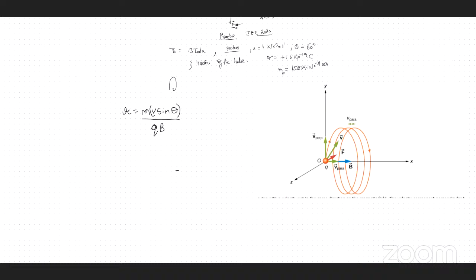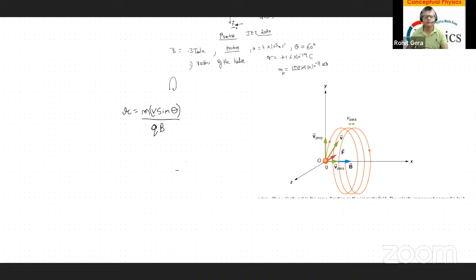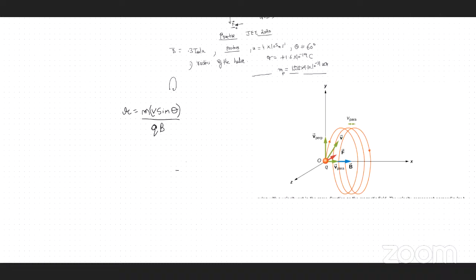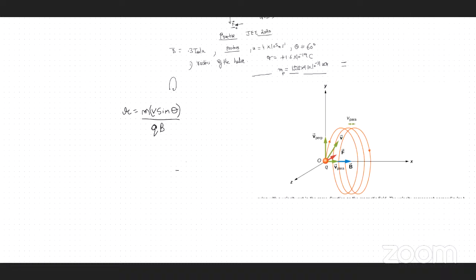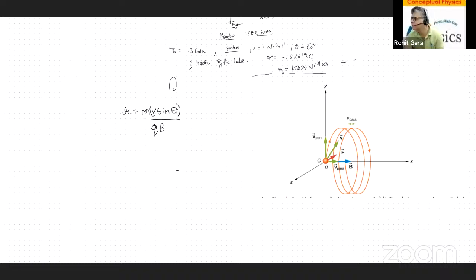What is written here for the mass of the proton? This one? Yes sir. 1838 times the mass of the electron. Okay. You can take it directly also, if you know the direct values, because it is used quite a lot.